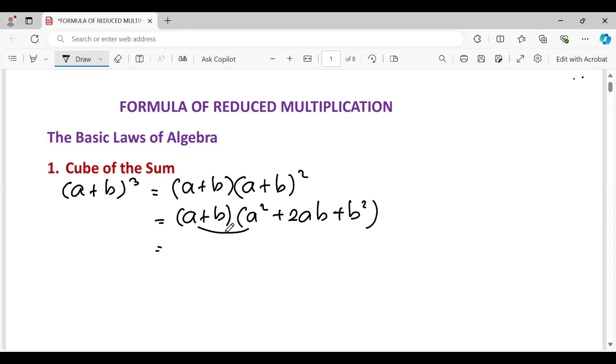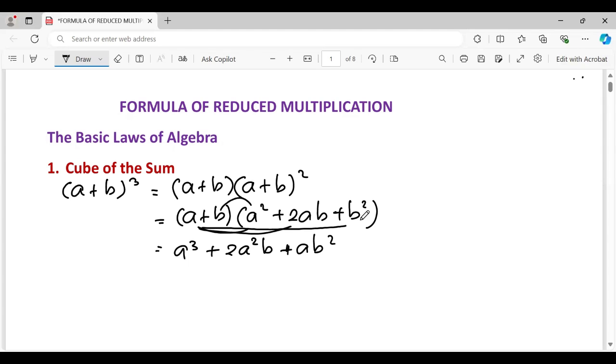multiply a squared, a cubed. a multiplied by 2ab is 2a squared b, a multiplied by b squared being ab squared.